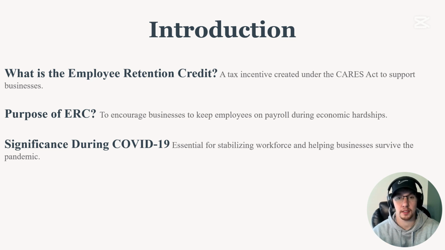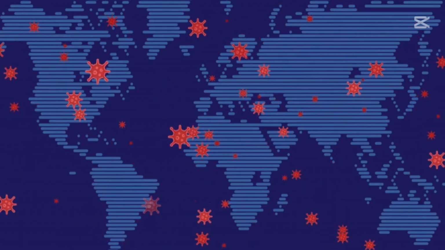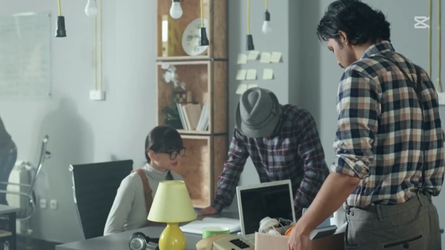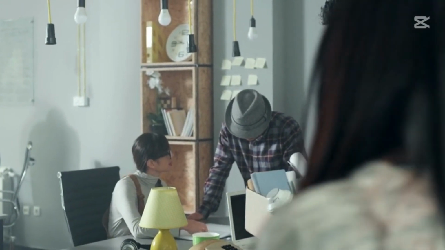So what exactly is the Employee Retention Credit? The Employee Retention Credit was a tax incentive created under the CARES Act to support businesses during the COVID-19 pandemic. It was launched by Congress in an attempt to essentially stymie businesses from shutting their doors and laying people off, because that creates a domino effect. So if everyone at this restaurant that I'm the manager of got laid off, those people no longer have income.